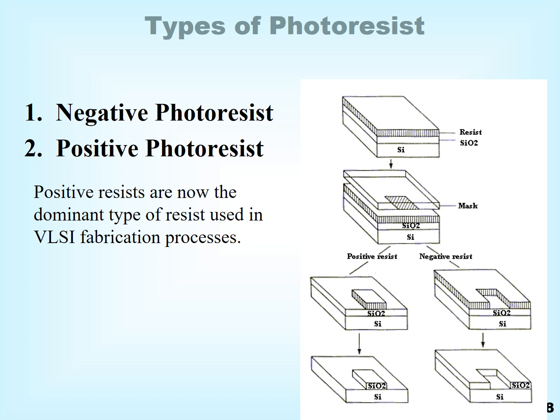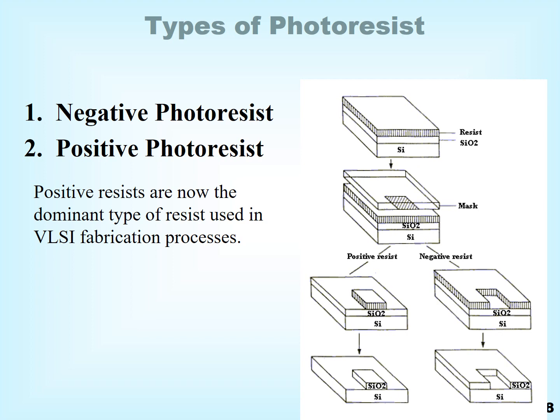So if it is a positive photoresist, what will happen when you develop the photoresist? The exposed area of the photoresist will get removed. Whereas when it is a negative photoresist, the unexposed area of the photoresist will get removed. And when you etch, the next step is etching of silicon dioxide.